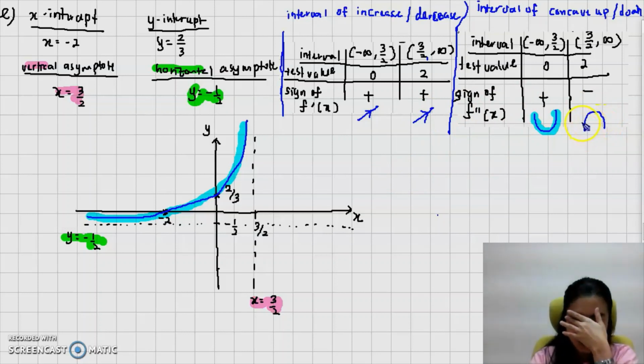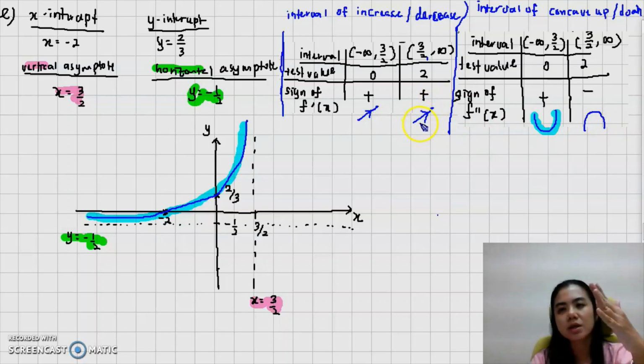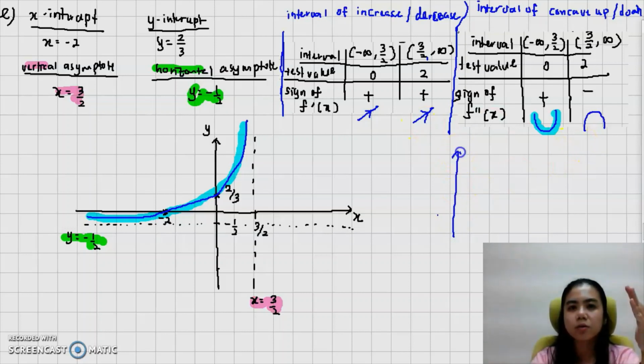These two tables tell you that you need something that is going up, the value of y is always increasing, but concave down. So use your common sense. You have a dotted line here, and a dotted line here. 3/2 is here, 3/2 is here.